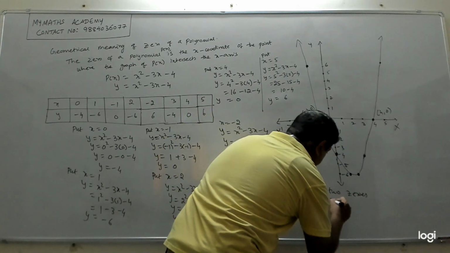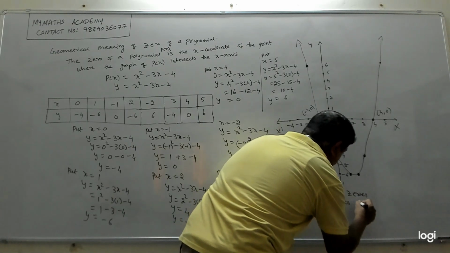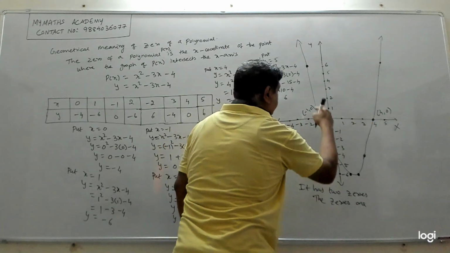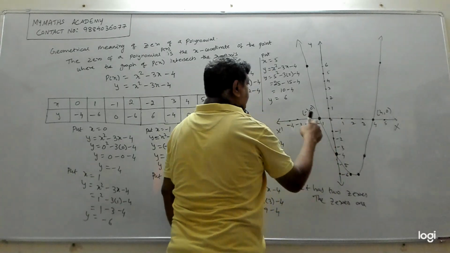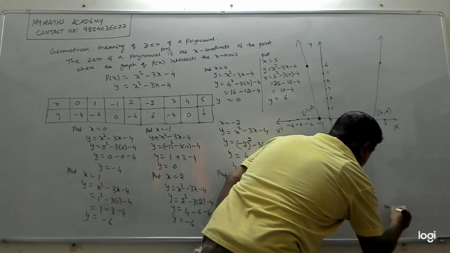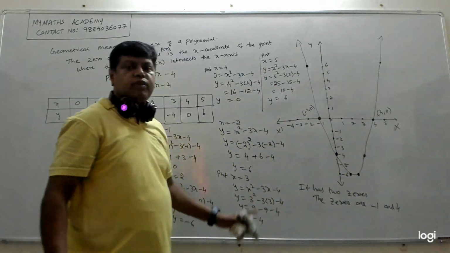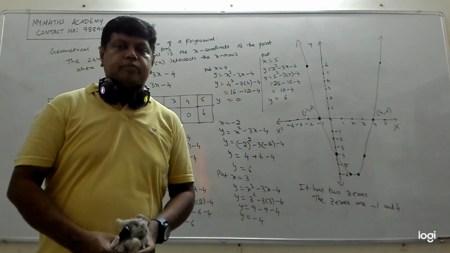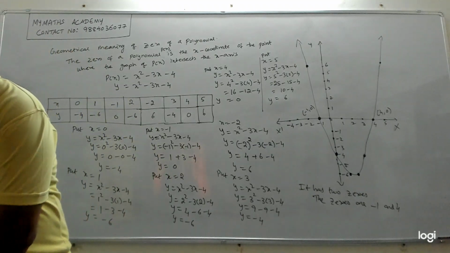The zeros are the x coordinates of the points where the graph is intersecting the x axis. So minus 1 and 4. These are the 2 zeros of this polynomial. Clear?